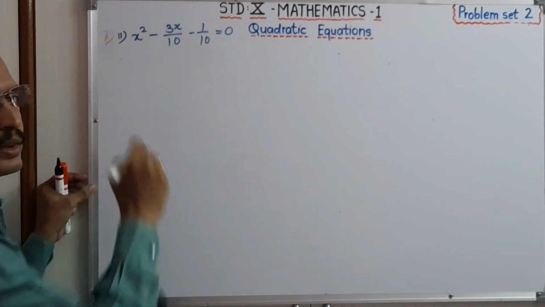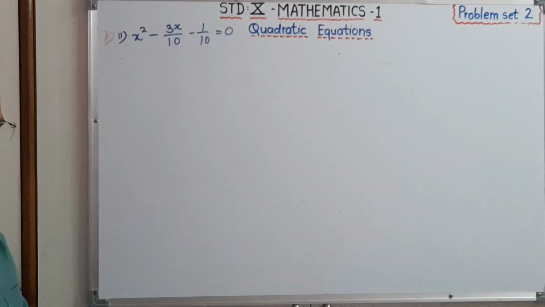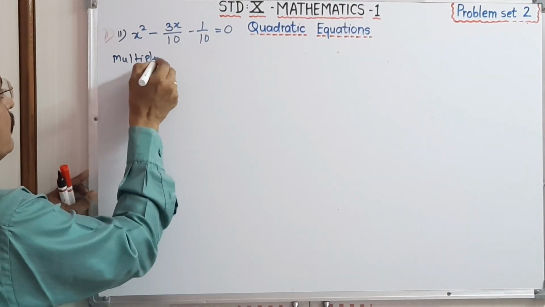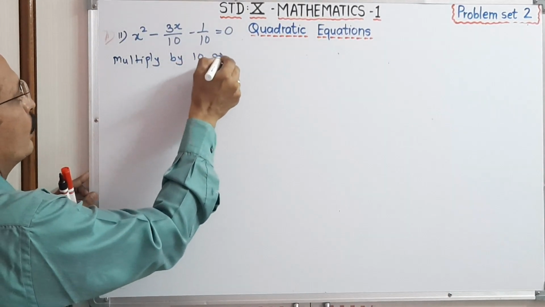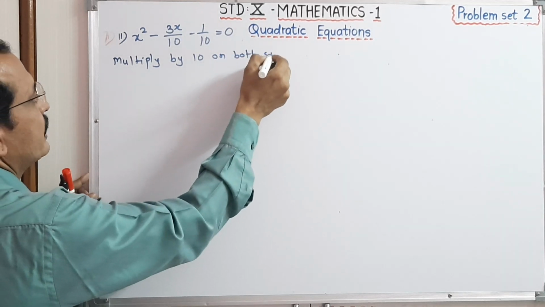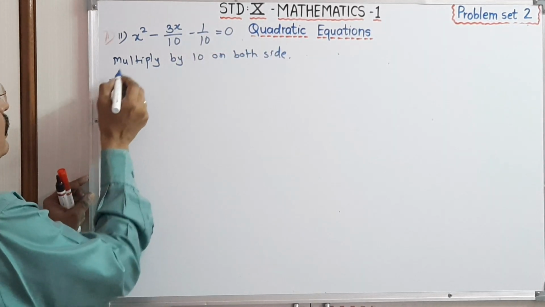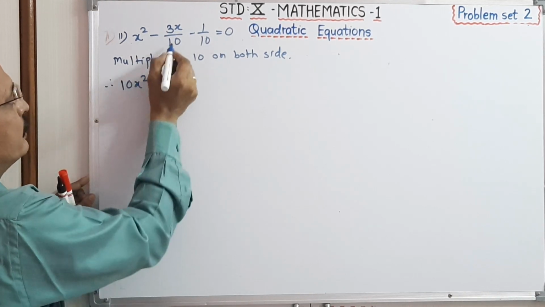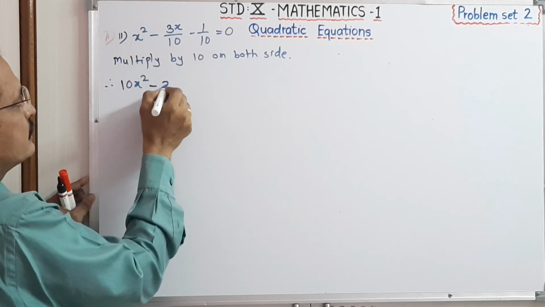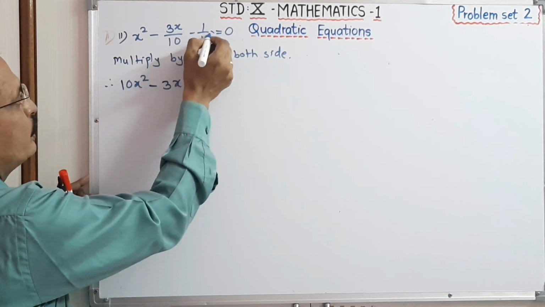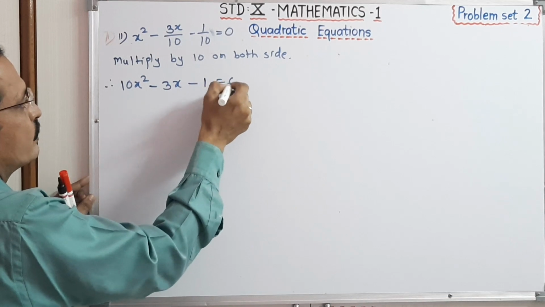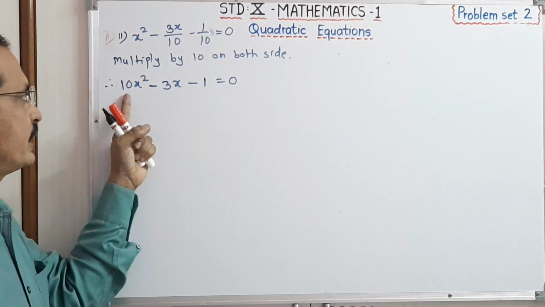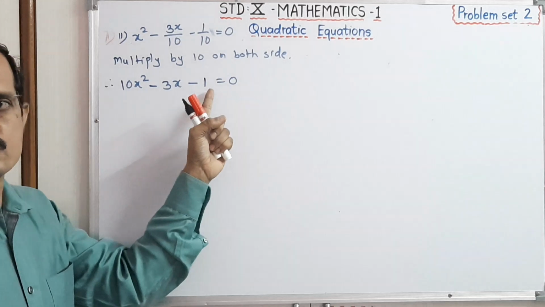This 10 we have to eliminate. For that purpose we have to multiply by 10 on both sides. Therefore we can write here multiply by 10 on both sides. What we will get here, 10 into x square, that is 10x square, minus this 10 into 10 get cancelled, it is 3x, minus this 10 into this 10 get cancelled, it is 1 is equal to 0. Therefore 10x square minus 3x minus 1 equal to 0.